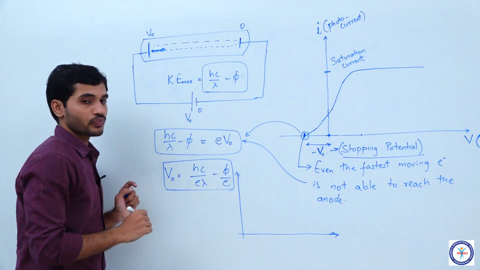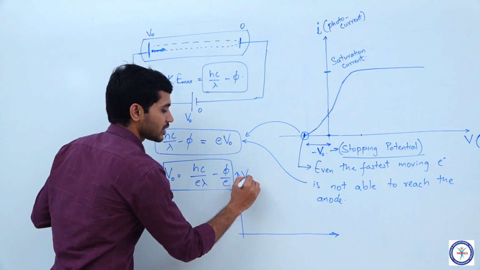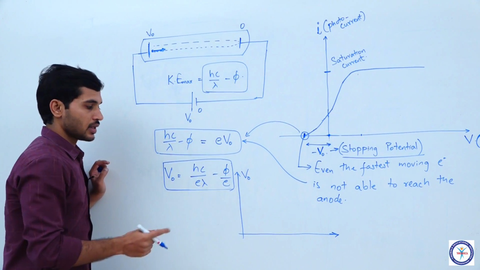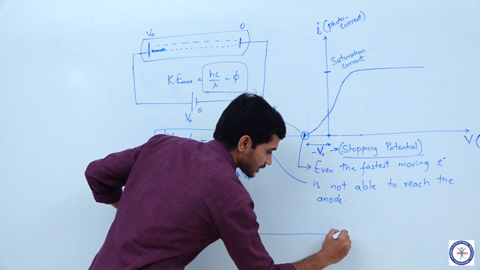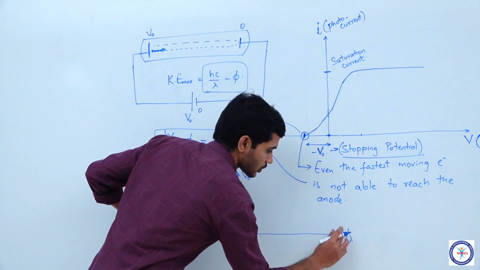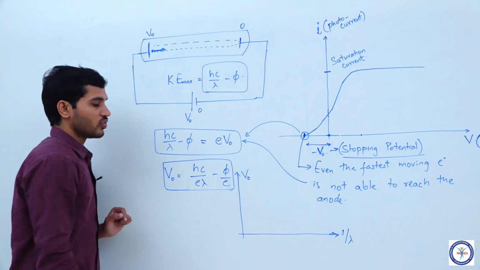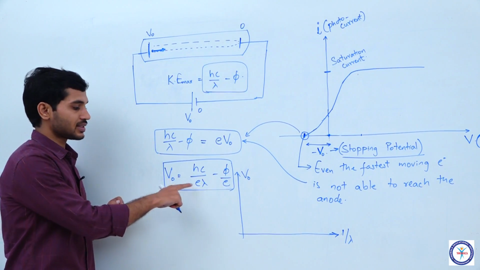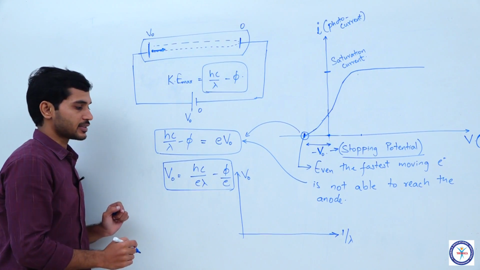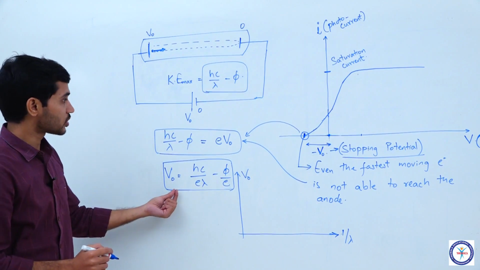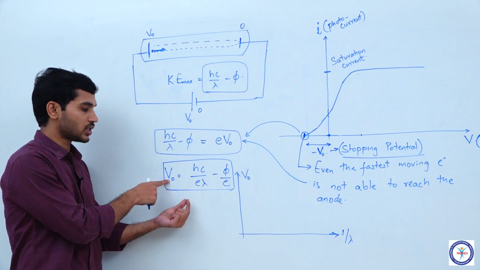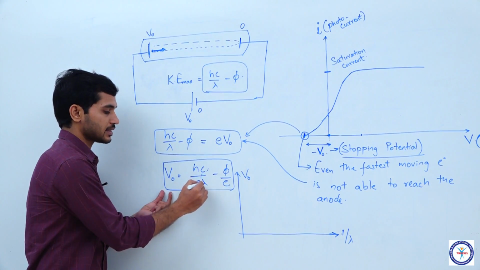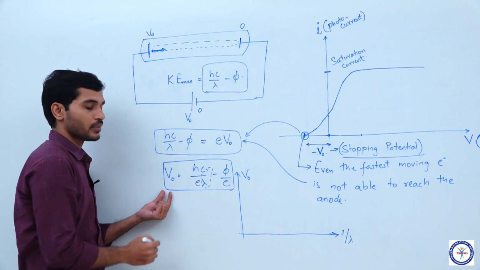So, if stopping potential is represented on the y axis and 1 by lambda is represented on the x axis, so V naught on the y axis, 1 by lambda on the x axis, I think you can easily observe that this expression is in the form of y is equal to, this is x, 1 by lambda is x.